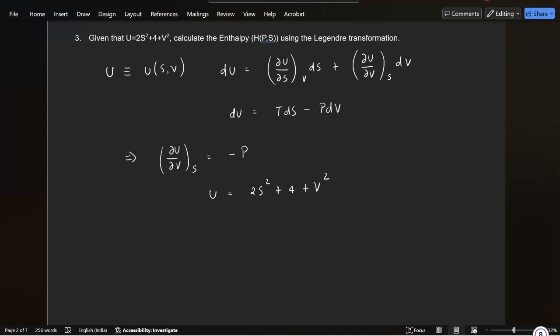We need to take the derivative of this with respect to V at constant S. So since S is constant, this is 0, so it will become 2V, which implies minus P is equal to 2V, or V is equal to minus P by 2. So this is the volume value.